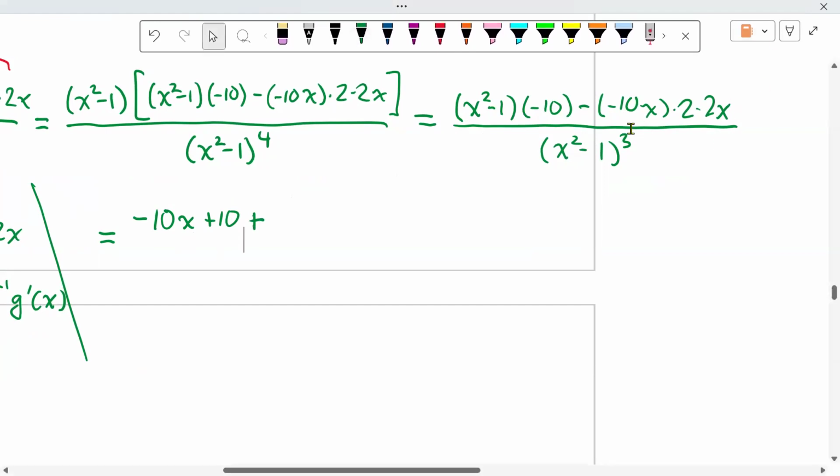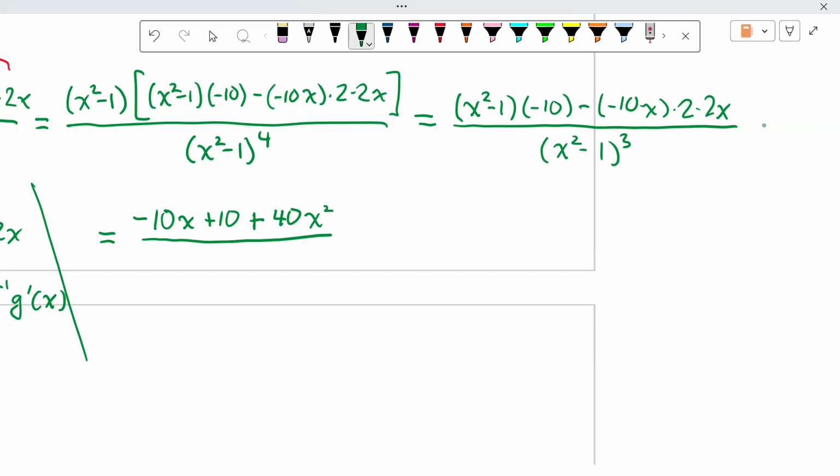And then all this is multiplied together in one big mess. So I'll have 10 times 2 times 2. That'll give me 40. And then I have two copies of x. That'll give me 40x squared, all over x squared minus 1 cubed. And does anyone see what magical thing we can do with the numerator?